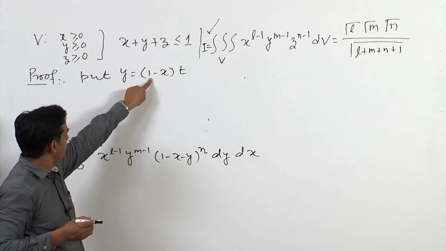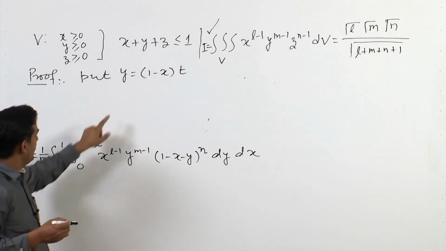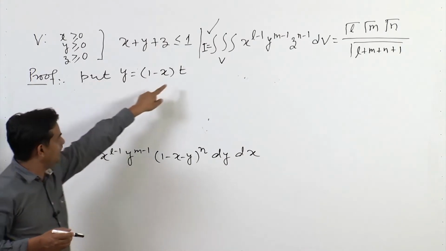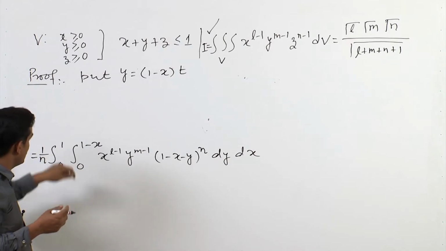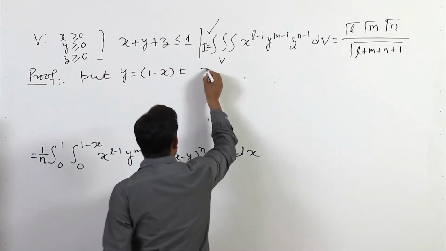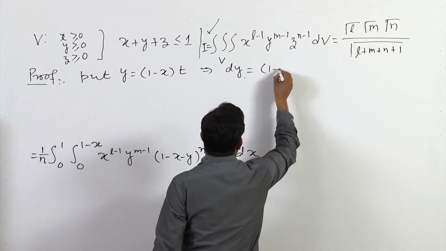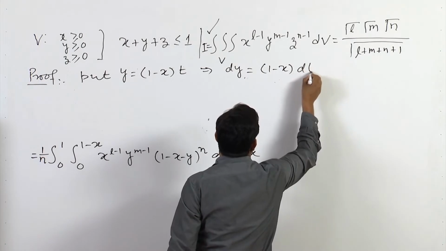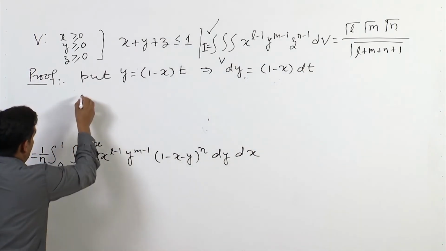When y is 0, t becomes 0, and when y is 1 minus x, t becomes 1. That is my idea, to make constant limits for both integrals. From here dy equals (1 minus x) dt. Now substitute in this integral.